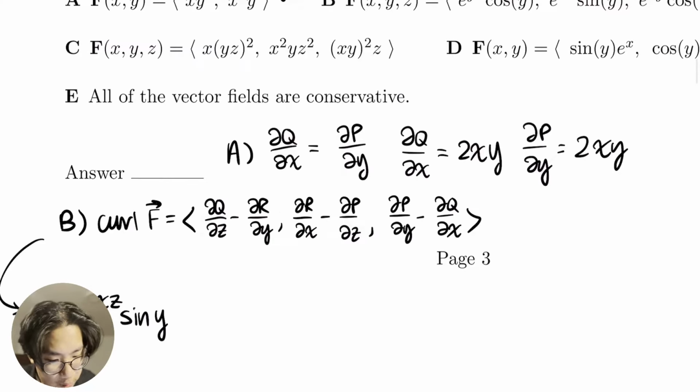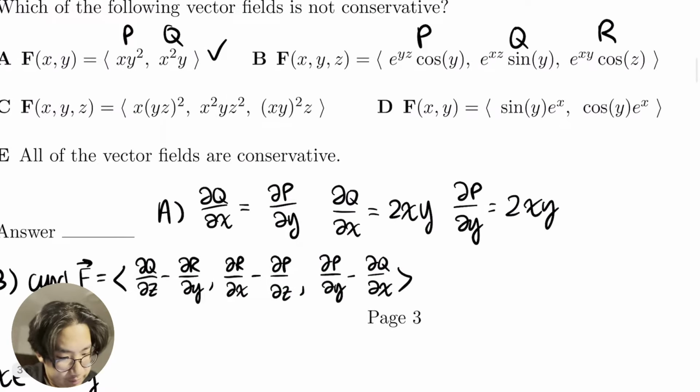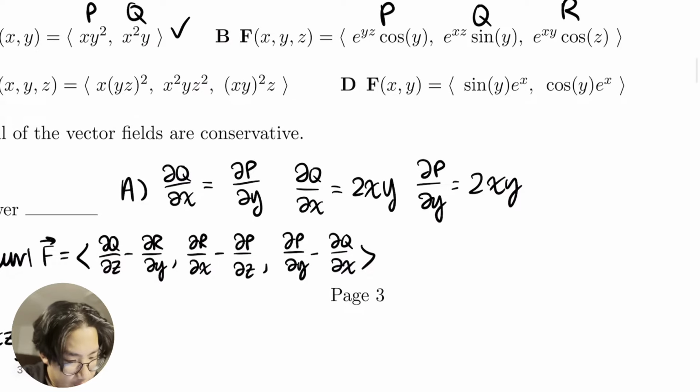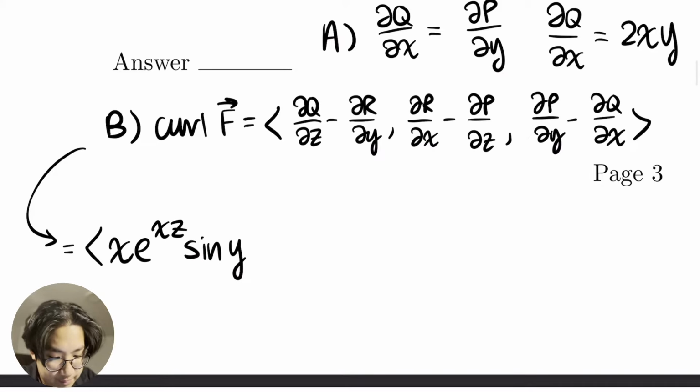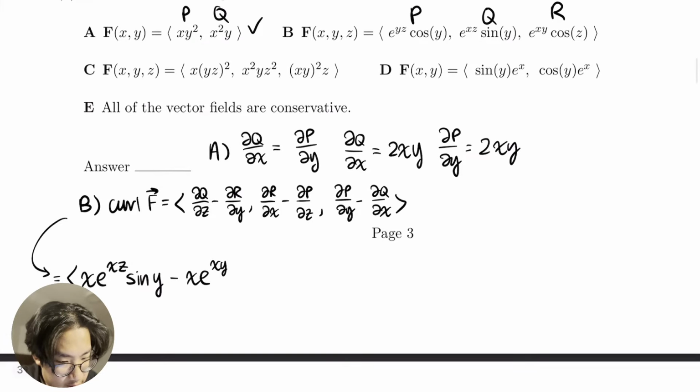And then partial r partial y. So y is a variable. It doesn't even, oh no, sorry, it does appear here. So it appears right over here. In this case, e to the xy times the derivative of the inside. So x e to the xy. And then cosine of z.